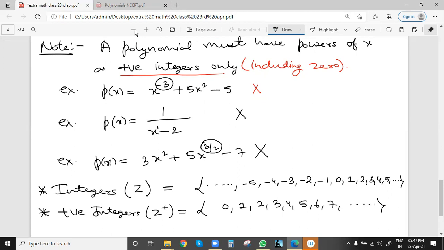So these are the positive powers of x, and 0 is also there. Negative integers will be minus 5, minus 4, minus 3, minus 2, minus 1, and numbers can be even lesser, like minus 6, but all will be negative.